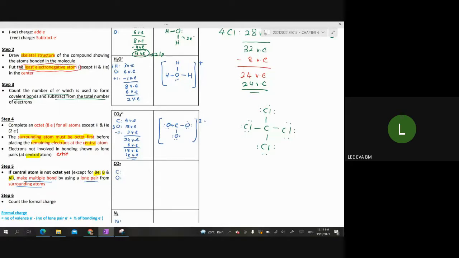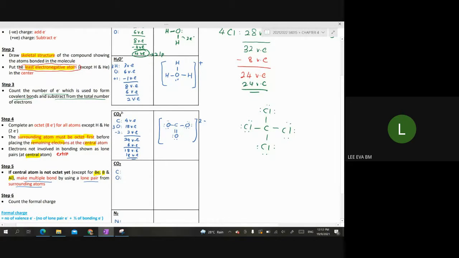If the center carbon is not octet, then we use a surrounding lone pair. Okay, so if, madam, can I choose not to use the first oxygen? Sure, no problem. Let's say I want to use the second oxygen. So let's say I remove one of the lone pairs from my second oxygen. Okay, so using the lone pair, making your double bond.